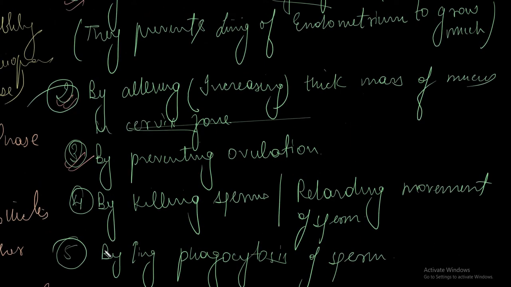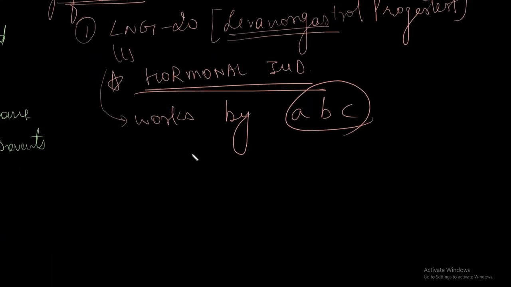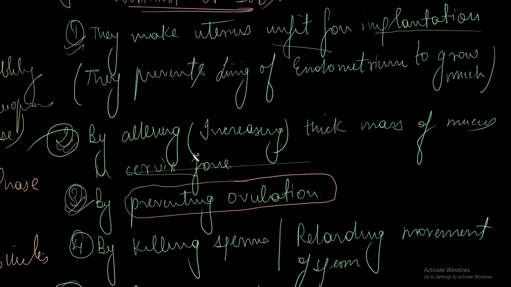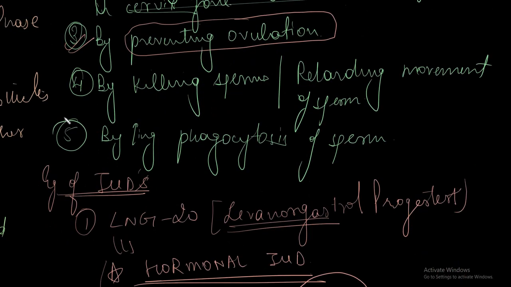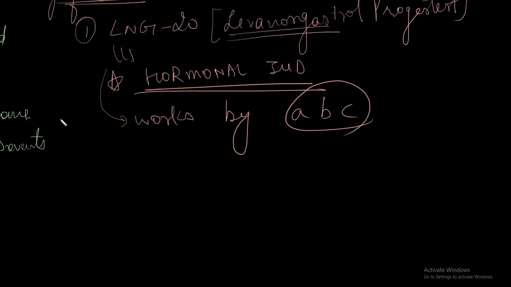I told you this contains some hormones, so they are able to prevent ovulation. And by ABC, this is also done by hormones. So LNG20 is a hormonal IUD.